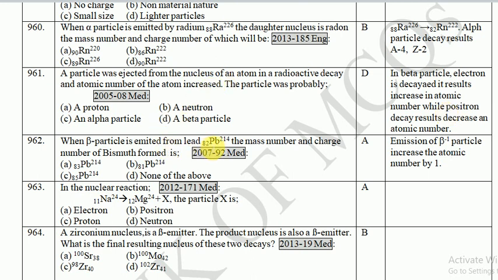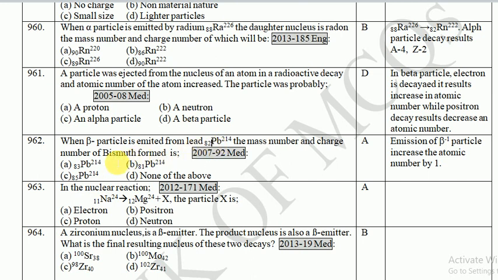When a beta particle is emitted from lead, what are the mass number and charge number? We see that a beta negative particle is emitted. As a negative charge is removed, meaning an electron is removed, the positive charge increases by 1, meaning the proton number increases. So 82 will become 83.